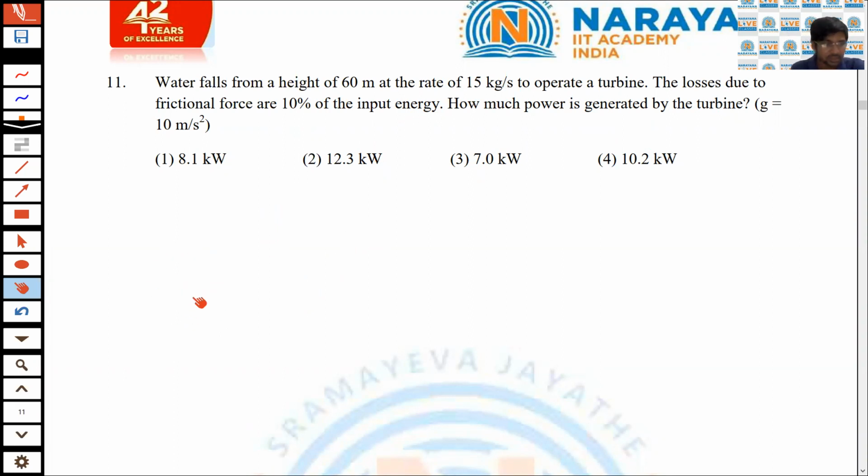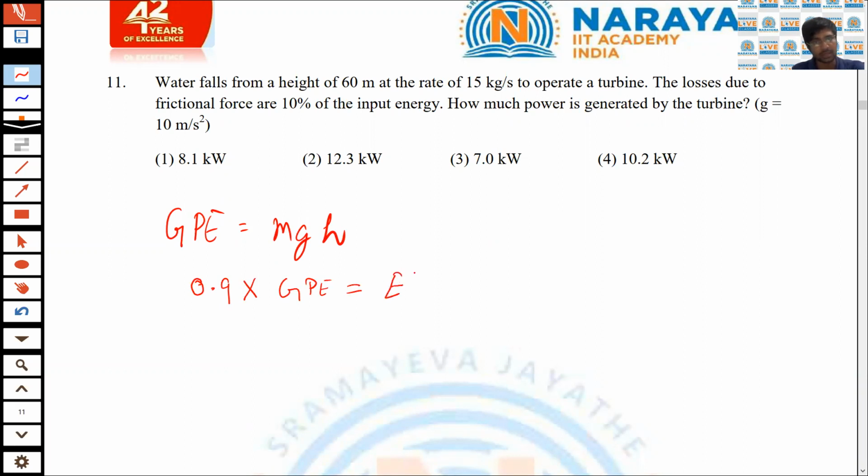So what is the gravitational potential energy that is being lost by the water? It is mgh, and 90%, which means 0.9 times the GPE, is actually converted into electrical energy.